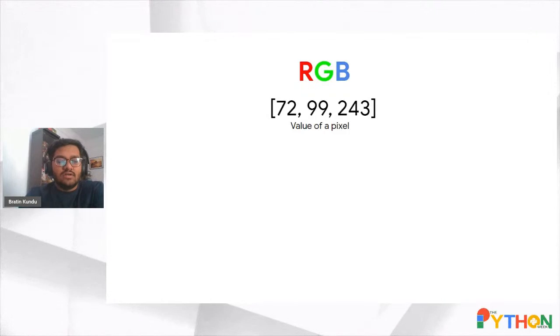So RGB, let's say this is an array of 72, 99, 243. This is actually the value of a pixel, and an image is a collection of many such pixels, right?